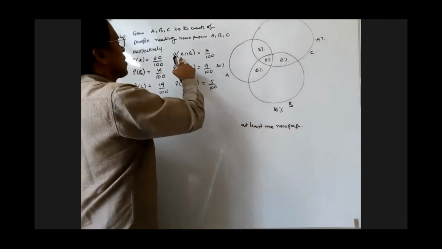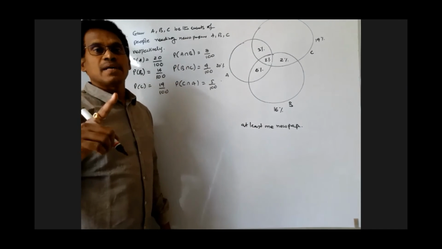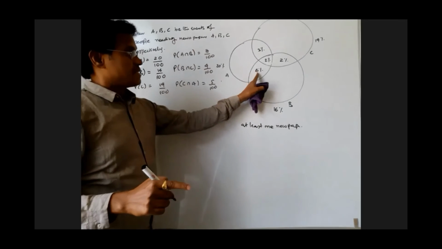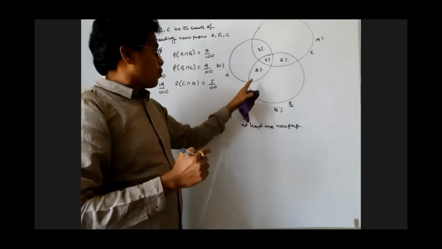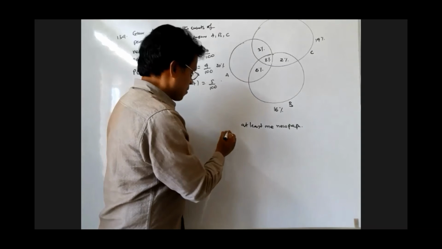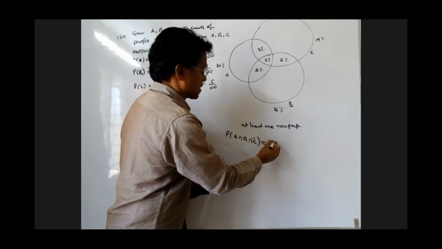What is the meaning of probability of A ∩ B? Probability that a randomly selected person reads both newspapers A and B is 8 by 100, 8%, 6 plus 2. Only 6% is only A and B. That means the probability of A ∩ B ∩ C complement is 6%.